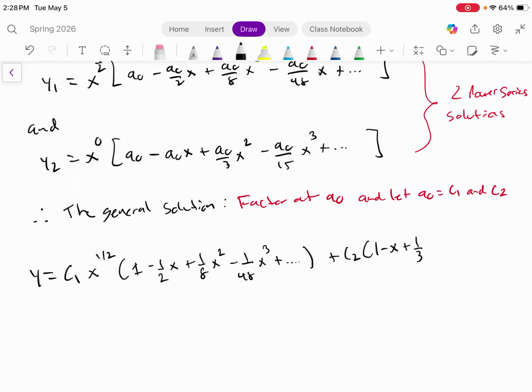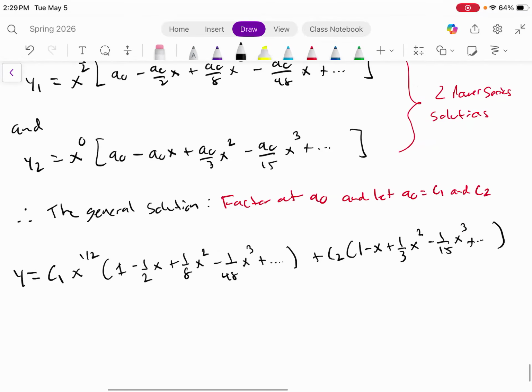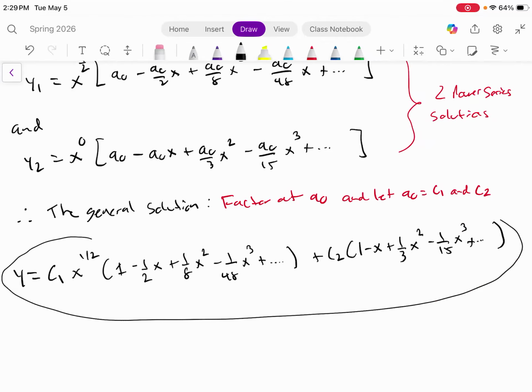Why is it just C2? Well, because x to the 0 just goes to 1, so that just goes away. We don't really want to write 1, but that's why it's just C2 times all this. Okay, and those are our power series solutions and a solution to this differential equation.